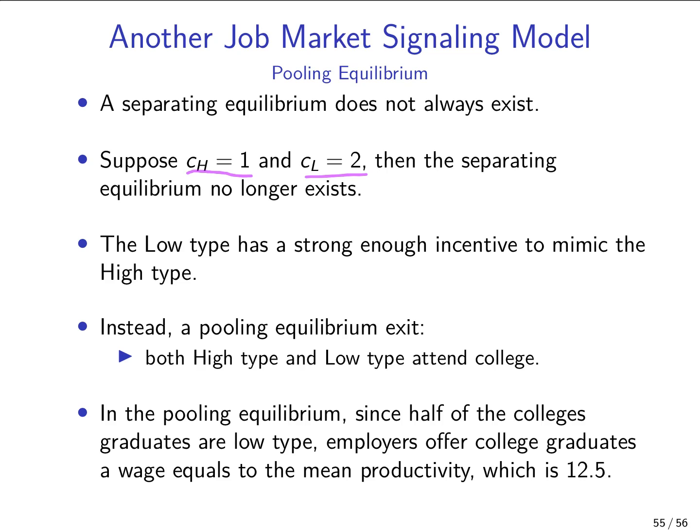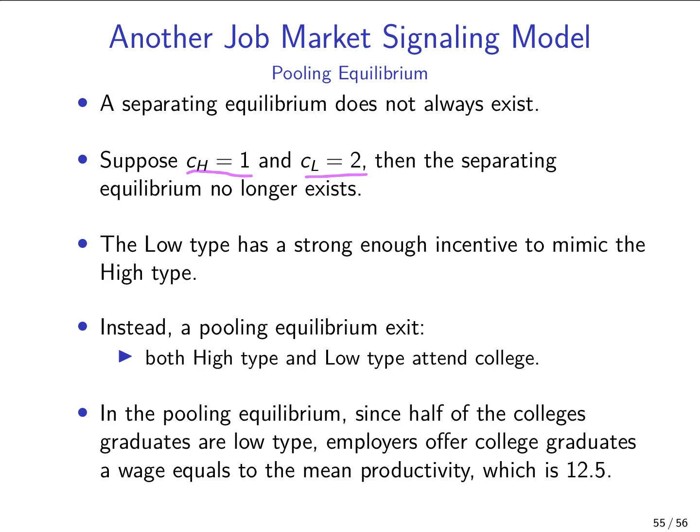Again, you can check whether any type of worker has a profitable deviation, that is, whether a type of worker could be getting more by pretending to be another type. If so, that's not an equilibrium, and so we may not have a separating equilibrium.